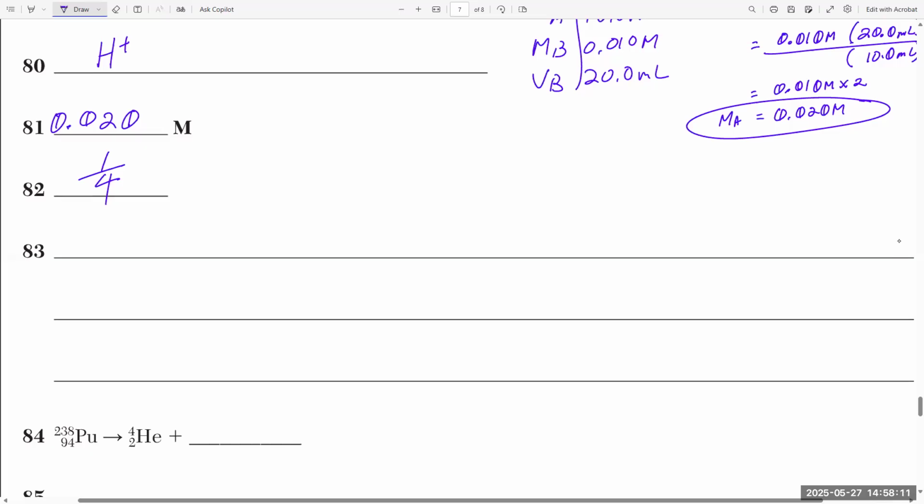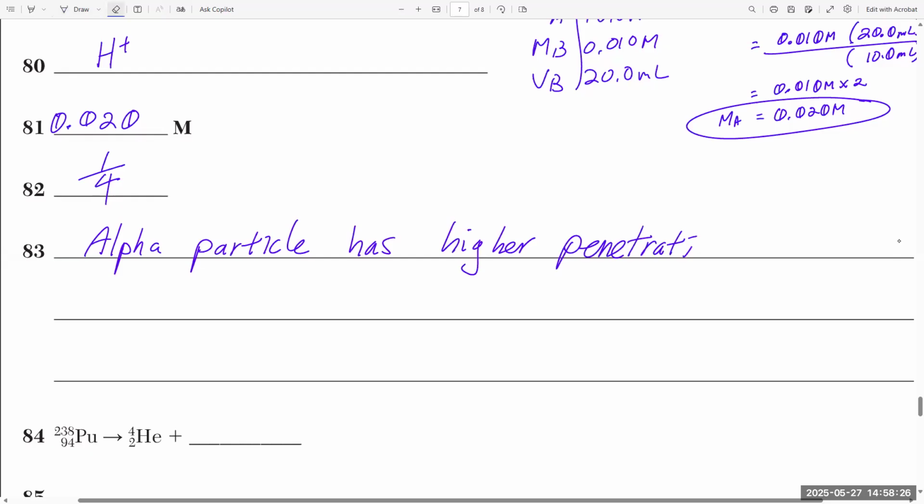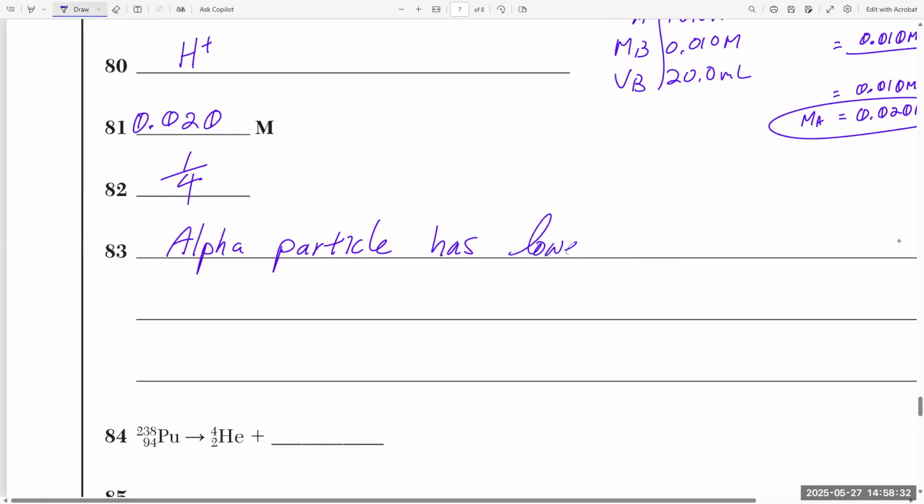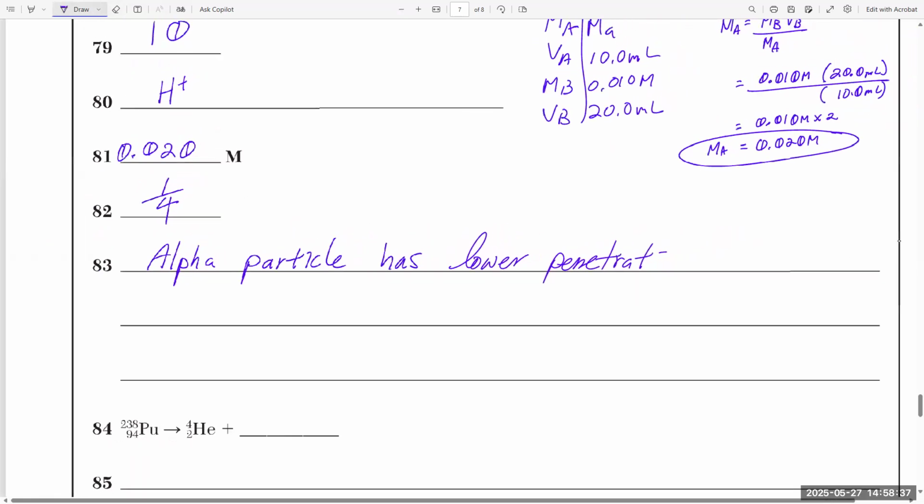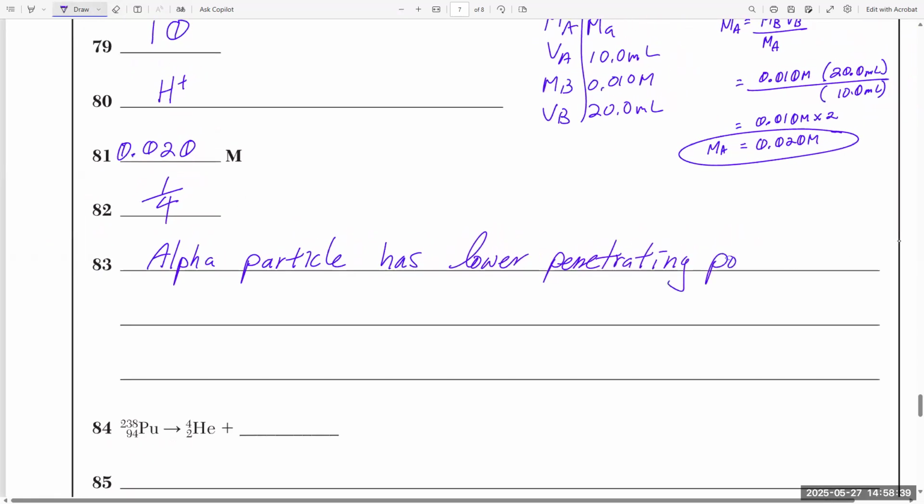So an alpha particle has higher penetrating... I'm sorry, not higher, lower power than a gamma particle, right?